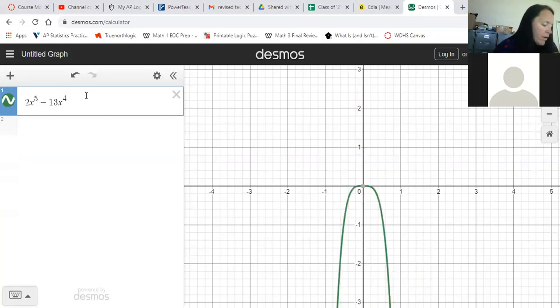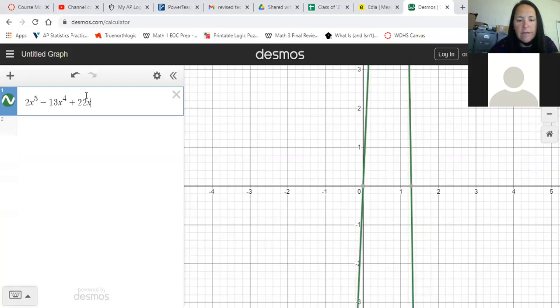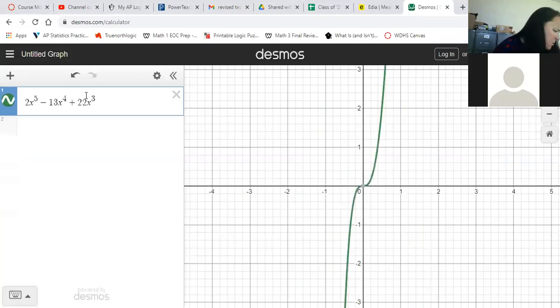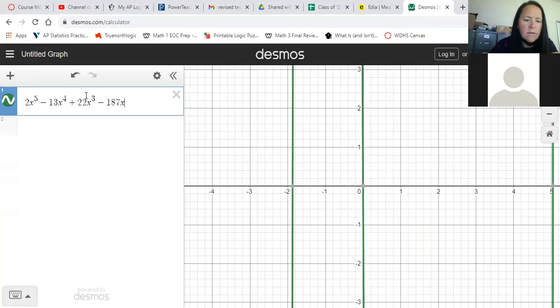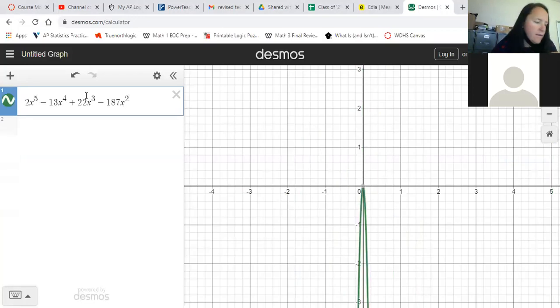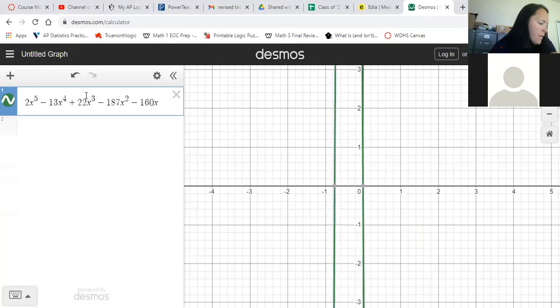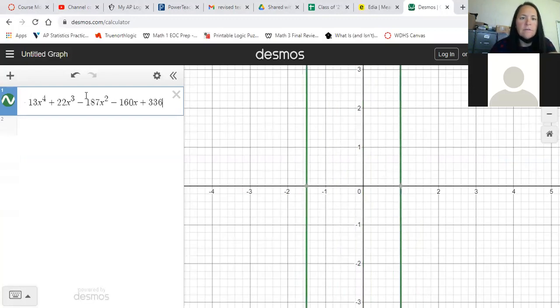If I type something in wrong, y'all let me know. Plus 22x to the 3rd minus 187x to the 2nd minus 160x plus 336. All right, you guys see this function?